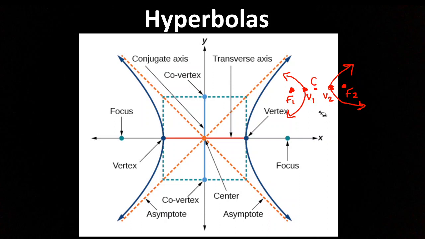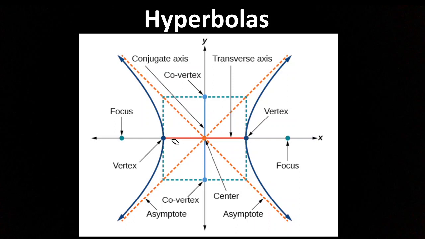Now an ellipse could be horizontal or vertical, so hyperbola could be horizontal or vertical. So we might have a vertical hyperbola, and these are vertices, foci, and the center. Okay, we're going to talk more about this, of course, but that's what the shape looks like. Now, just like ellipse, it has two axes, and the axes are this one and this one.